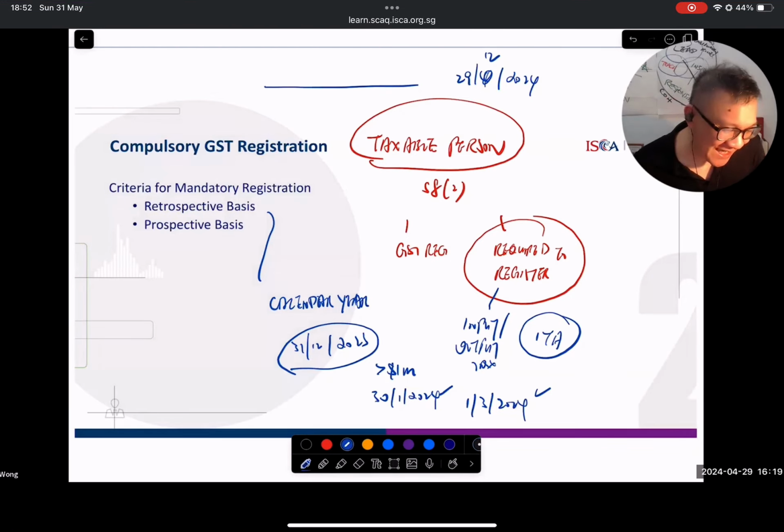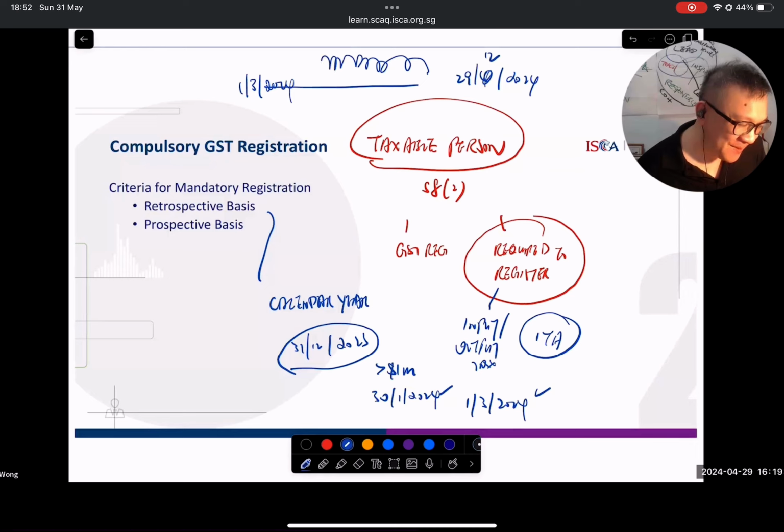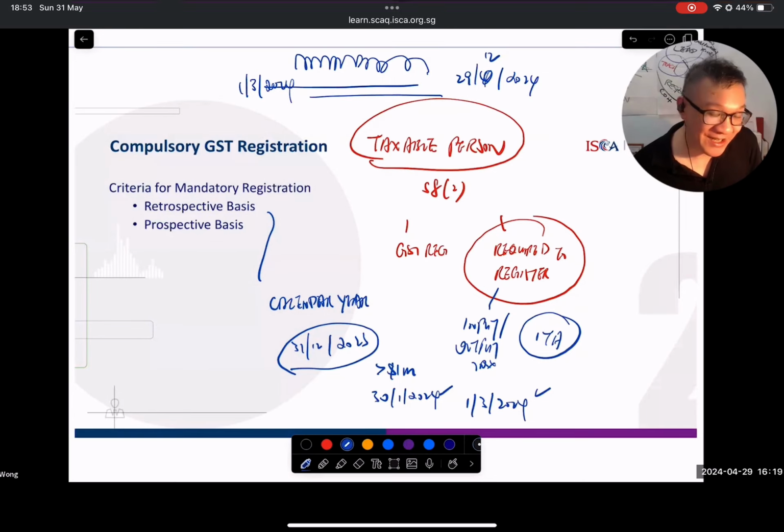Then what IRAS will do is that since the effective date of GST registration is 1st of March 2024, output tax to be charged by the business will have to happen from 1st of March 2024. So between 1st of March 2024 and today's date, 29th of December 2024, any output tax that hasn't been charged by the business will be required to be charged.